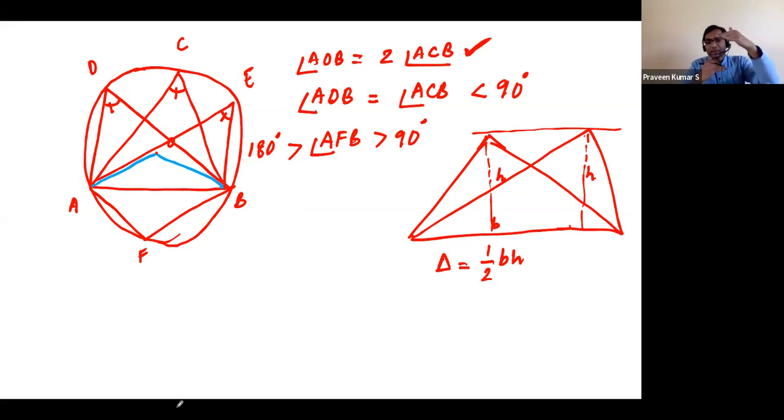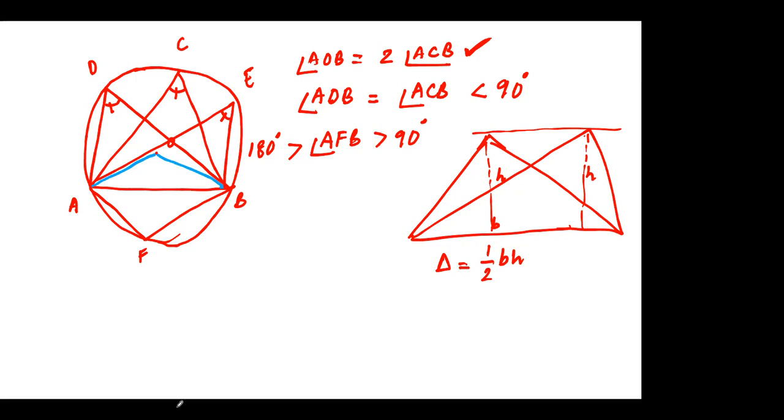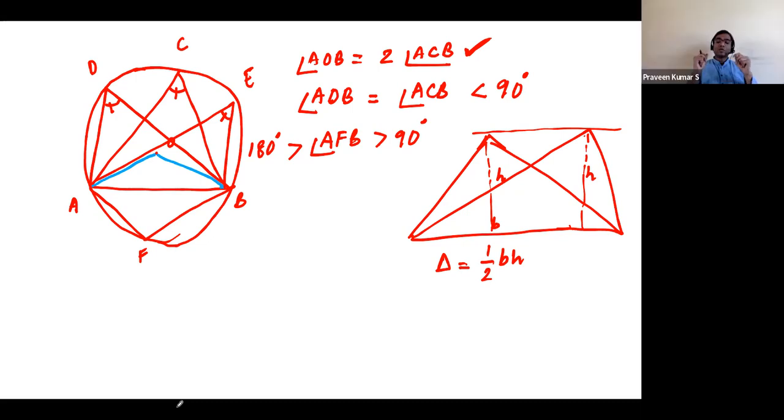Because they are parallel lines. And in both these cases, you are seeing that the base is also equal. So can I now say that between two parallel lines, the area of a triangle subtended by a line segment will always be equal?